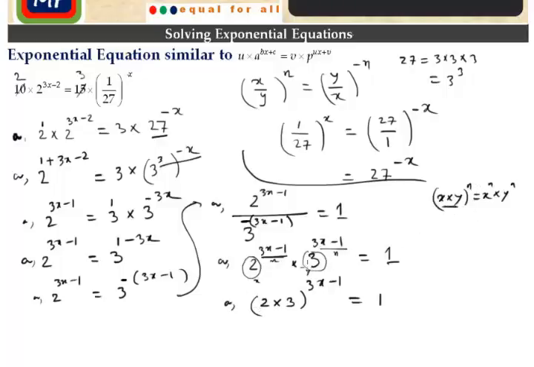So x is 2, y is 3, their multiplication, and then the common power 3x minus 1 equals 1.